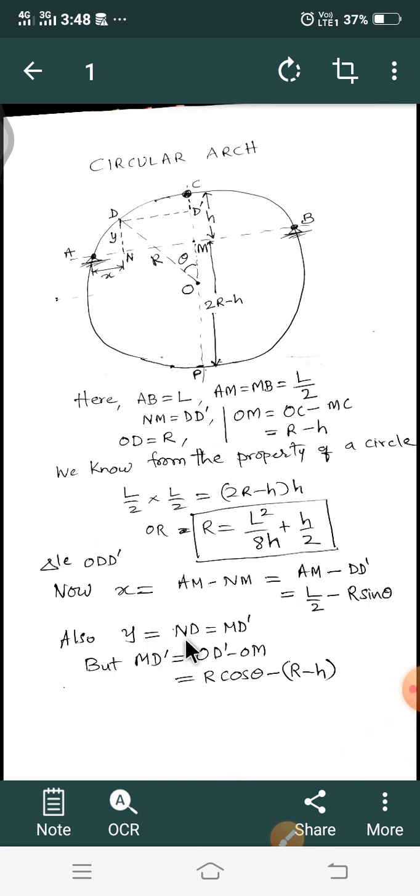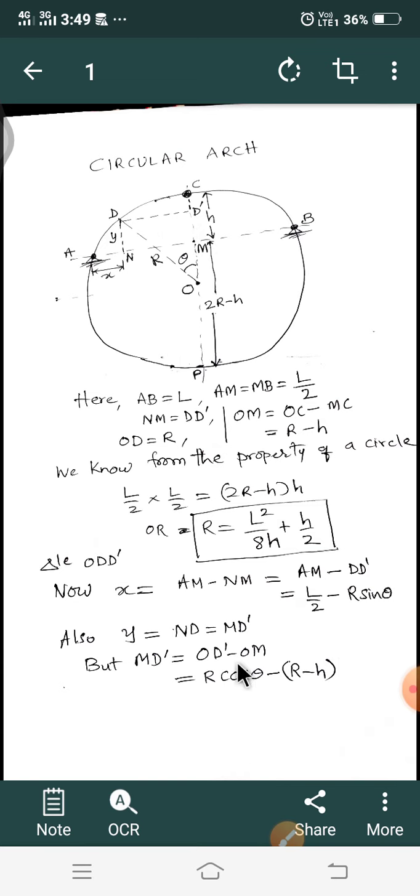Also we can see Y is equal to ND. So this ordinate at D is Y, this is ND. So ND is also equal to MD dash. But what is MD dash equal to? MD dash is equal to OD dash minus OM. If in OD dash you subtract OM, you will get this height, that is MD dash, which is nothing but Y here.